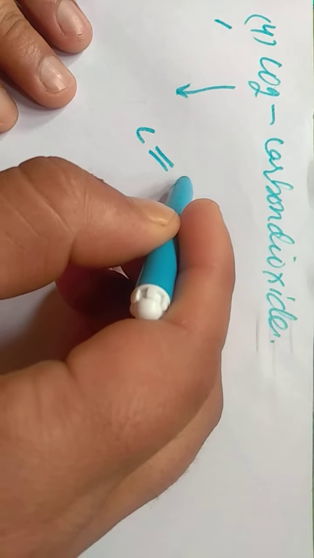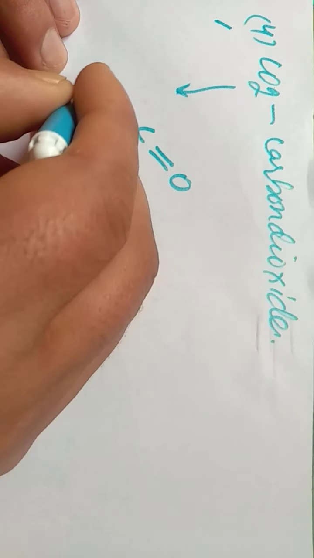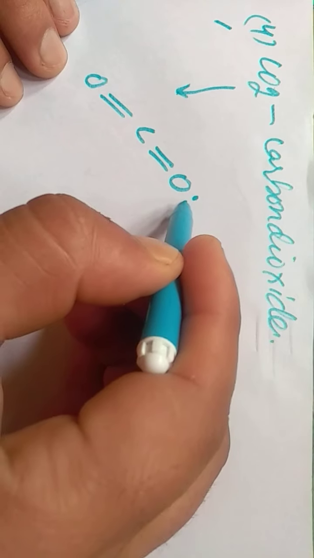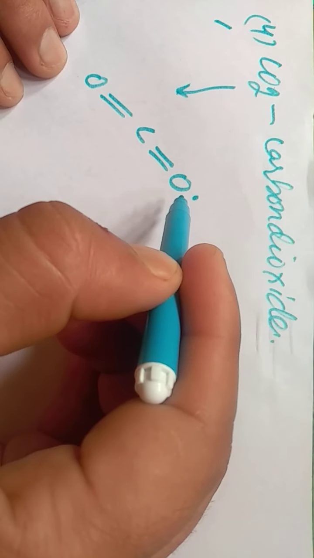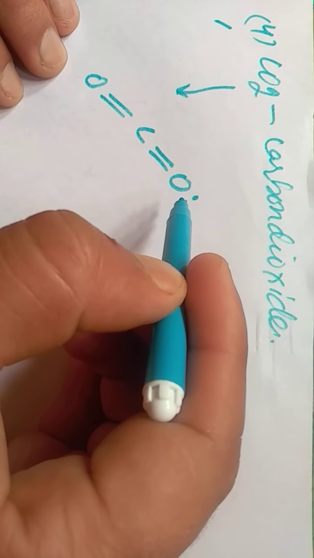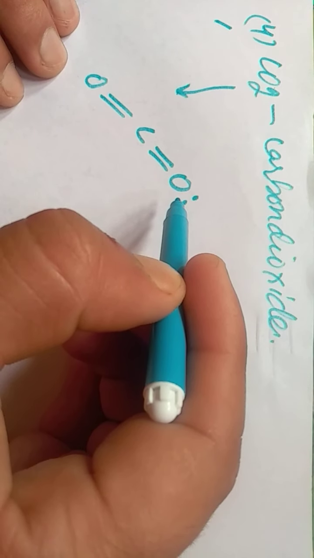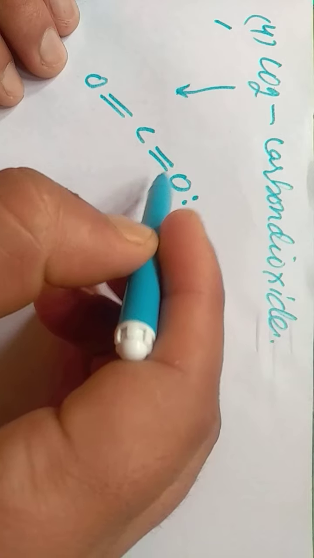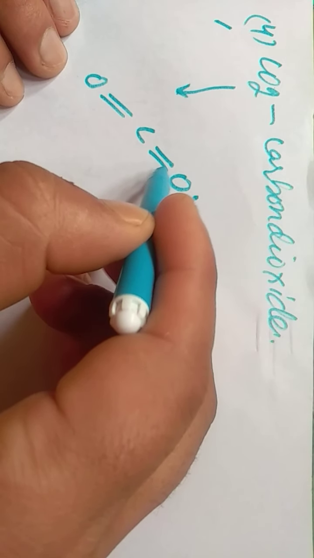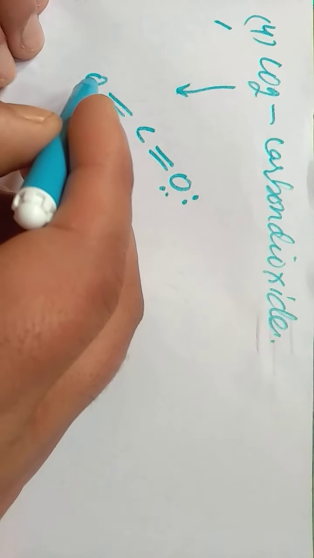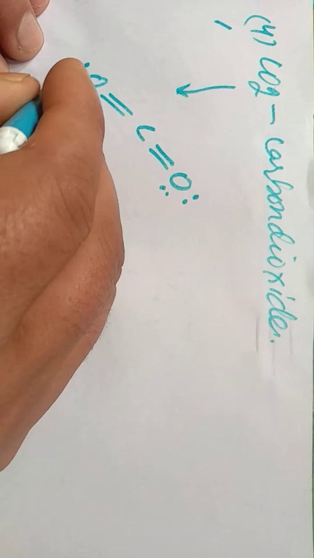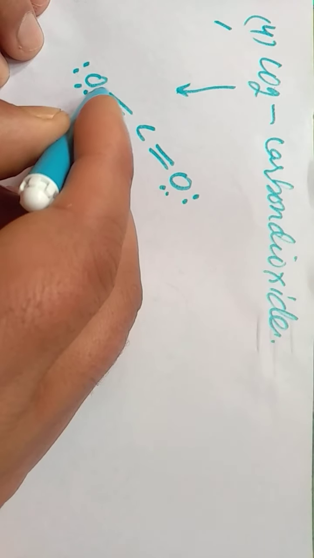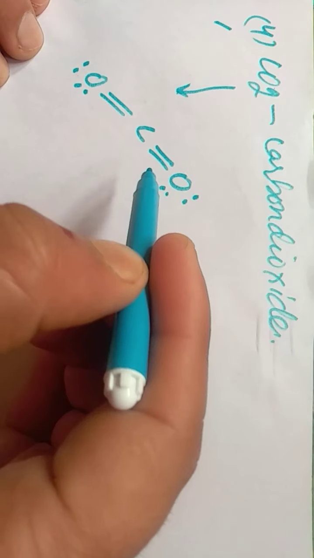We can show lone pairs of electrons like this. So there are 6 electrons in the valence shell of oxygen, 2, 2, 4 and 2 electrons are in bonding. Same is the case on the other side.